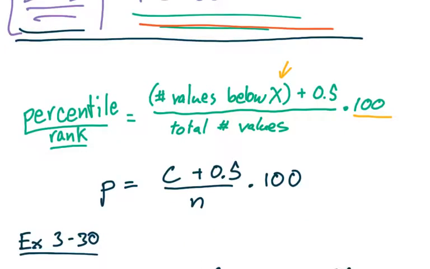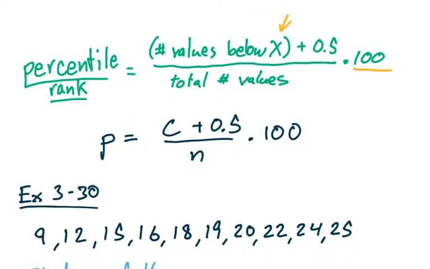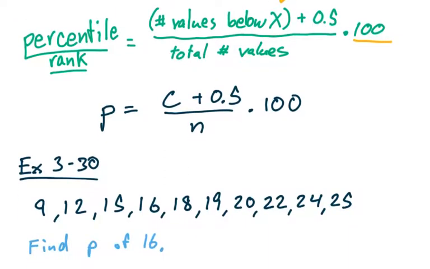So let's use this to do example 3-30. Here they're talking about the number of traffic violations. They say the number of traffic violations recorded by a police department for a 10-day period is shown. Find the percentile rank of 16.